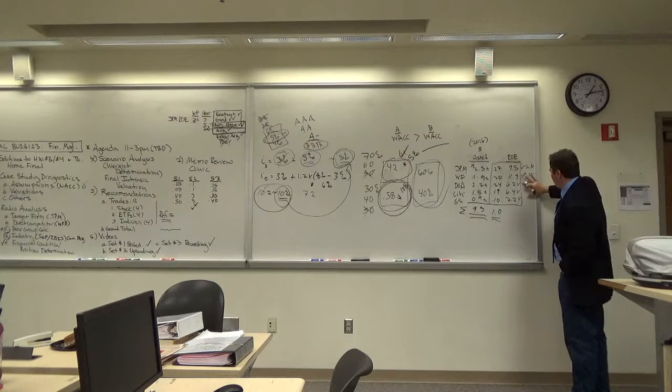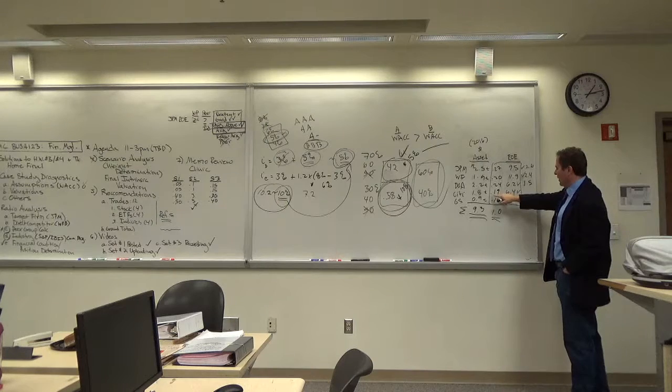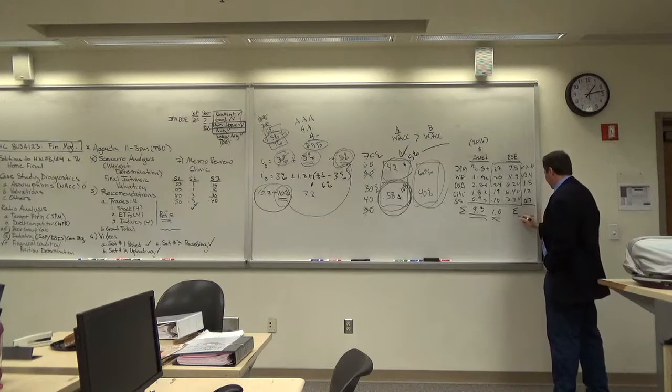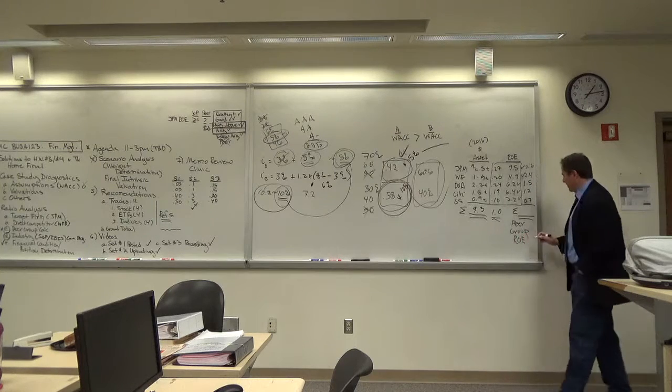And then what is 6.4 times 0.19? 1.2. And then 7.2 times its weight? 0.7. Okay, so add these up. What is it? 8.4.